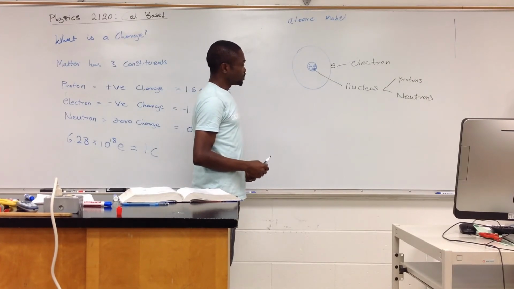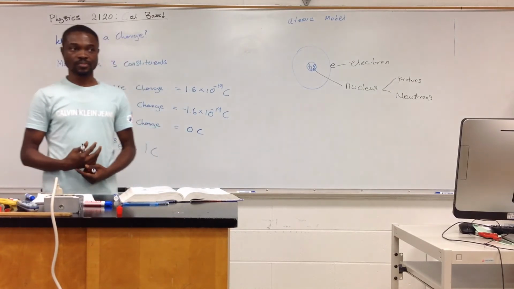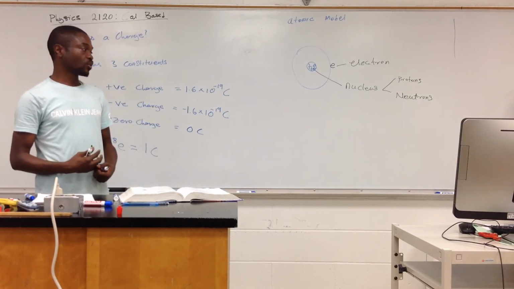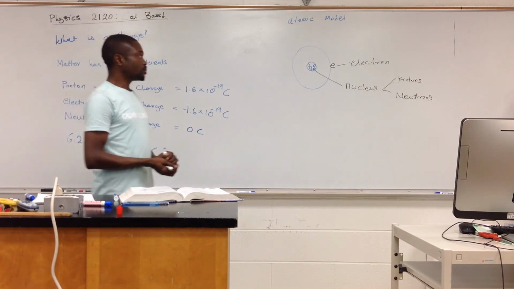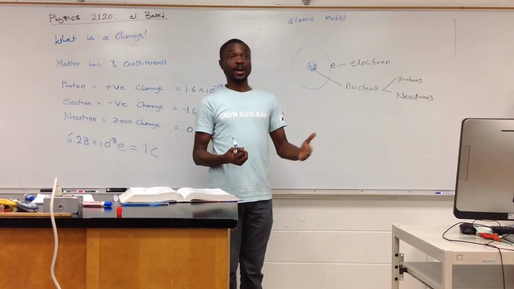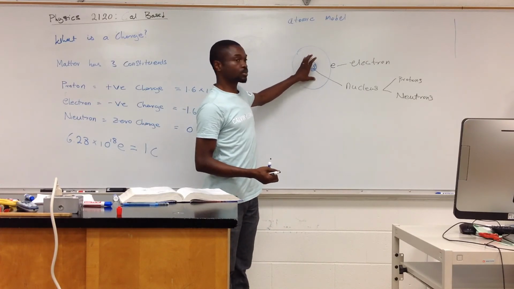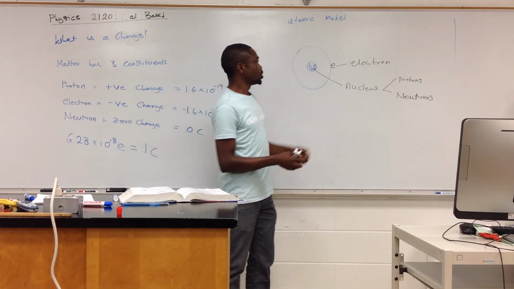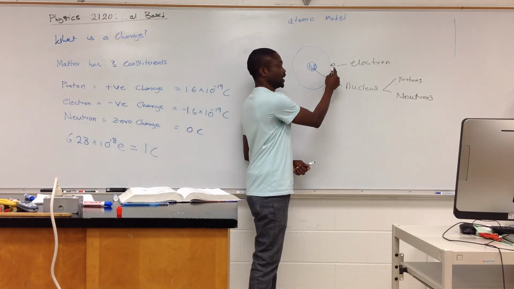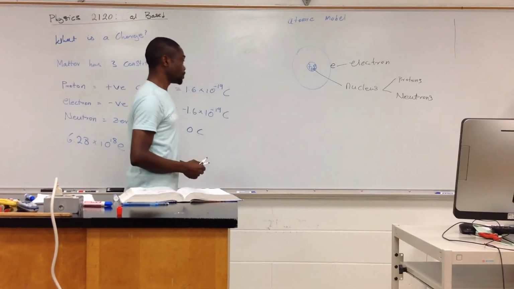When you take a neutral object, let's say a piece of wood or metal, the number of charges, that is the protons, is exactly equal to the number of electrons on that particular material.